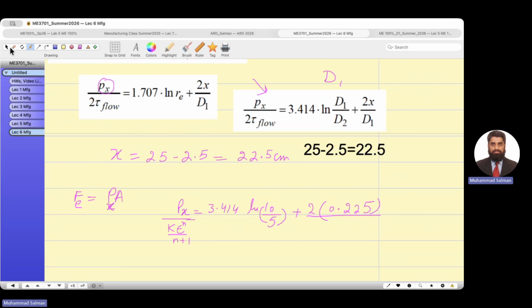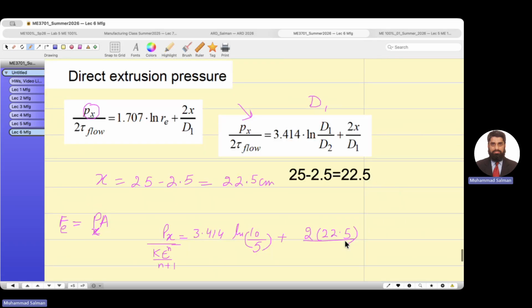Since it's a ratio, the units don't matter, so I'm going to keep the ratio. 2X is 2 times 22.5 divided by D1. How much is my D1? 10.